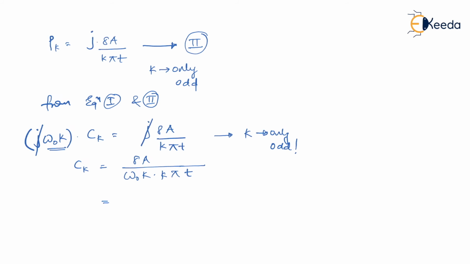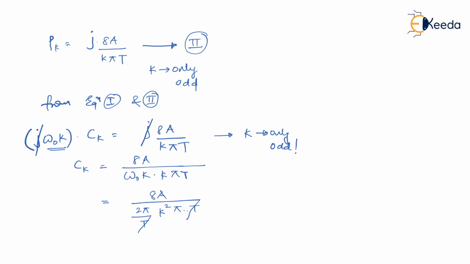It is equal to 8a upon omega naught, which can be written as 2 pi by T. Am I right? Then what we have over here is k square. Then we have pi square, or I'll just write pi over here, times T. This T has to be a capital one. So this T and T get cancelled. Am I right?